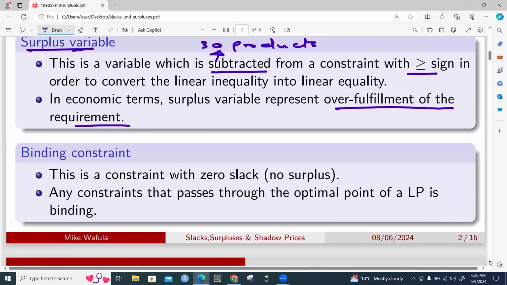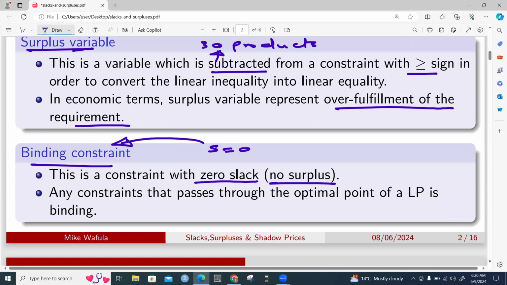It's an over-fulfillment, surpassing the requirement. And then the binding constraints: these are constraints with zero slack or zero surplus. In most cases, we shall be representing these slacks and surplus variables using the letter S. So if you calculate and find that a particular constraint has a slack or a surplus equal to 0, then that is not just a resource constraint, but it's also called a binding constraint.